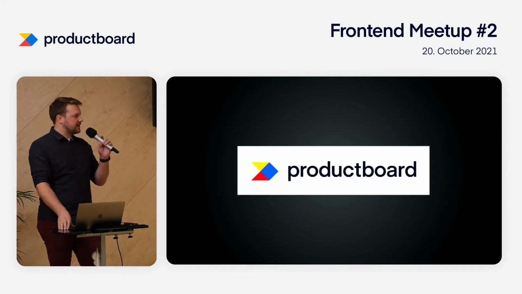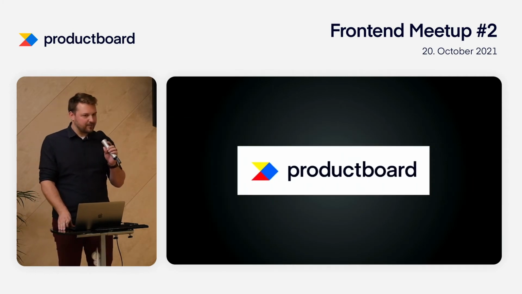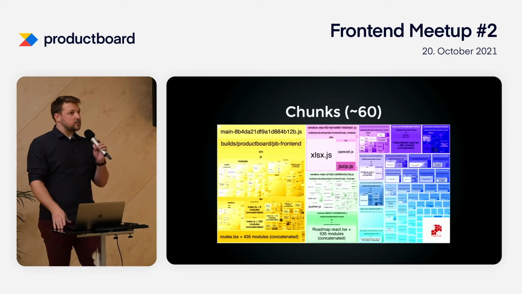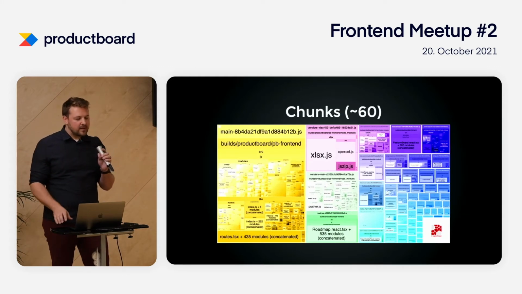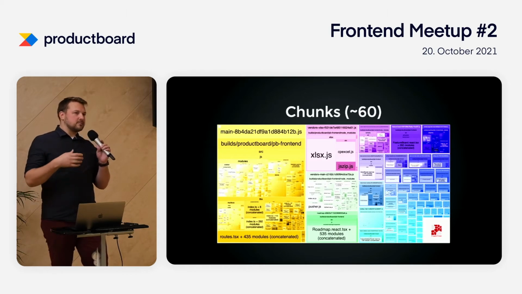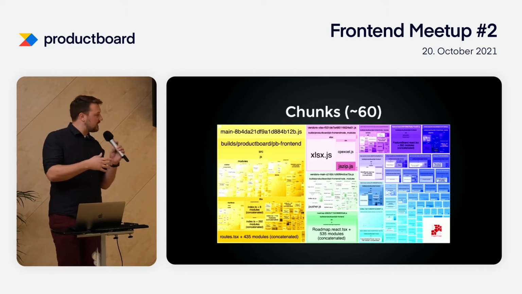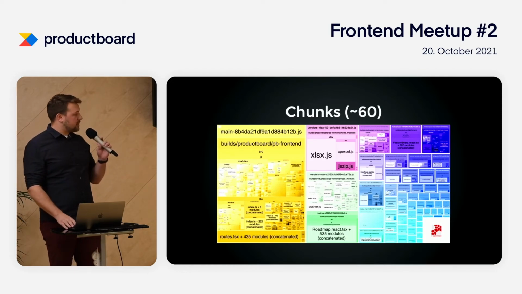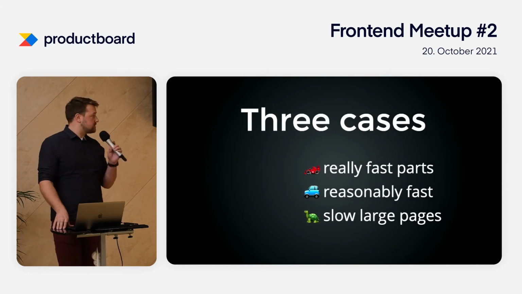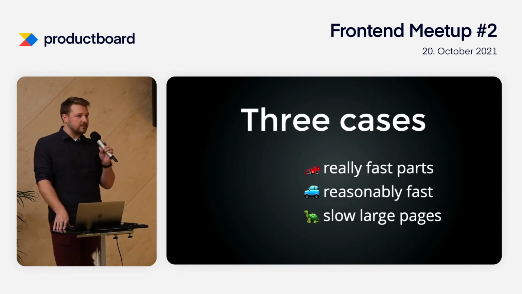All right, so back to our product board problem. I told you that we split the application into almost 60 chunks, and you can already see that some of them are big and some of them are small. And even by just clicking through the application, you can identify that there are basically three cases.